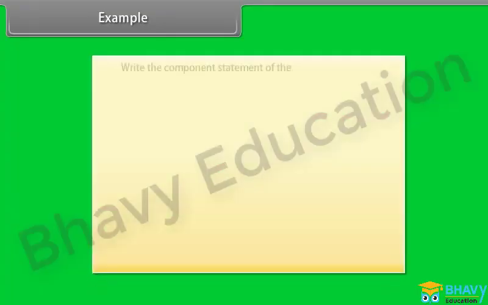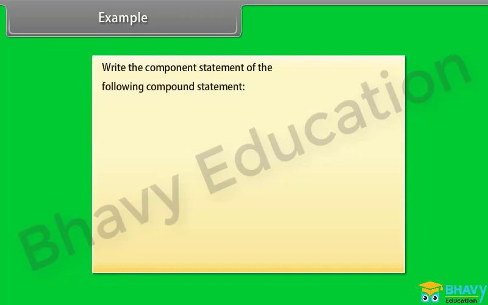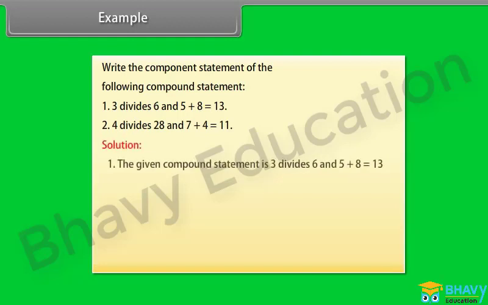Example: write the component statements of the following compound statement. 1. 3 divides 6 and 5 plus 8 is equal to 13. 2. 4 divides 28 and 7 plus 4 is equal to 11. Solution: 1.